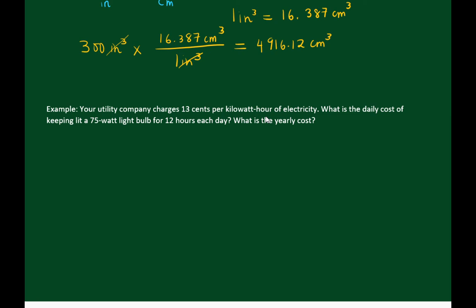A natural question is, when you turn on a light bulb and keep it on for 12 hours each day, how much do you really pay? What's the yearly cost? When you purchase a light bulb, you can see an approximate price on the box, but here we will do the math for it.